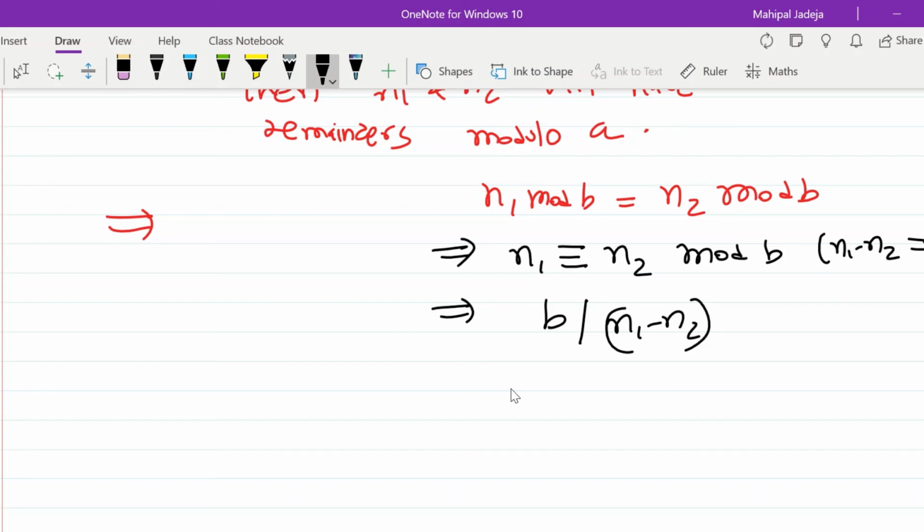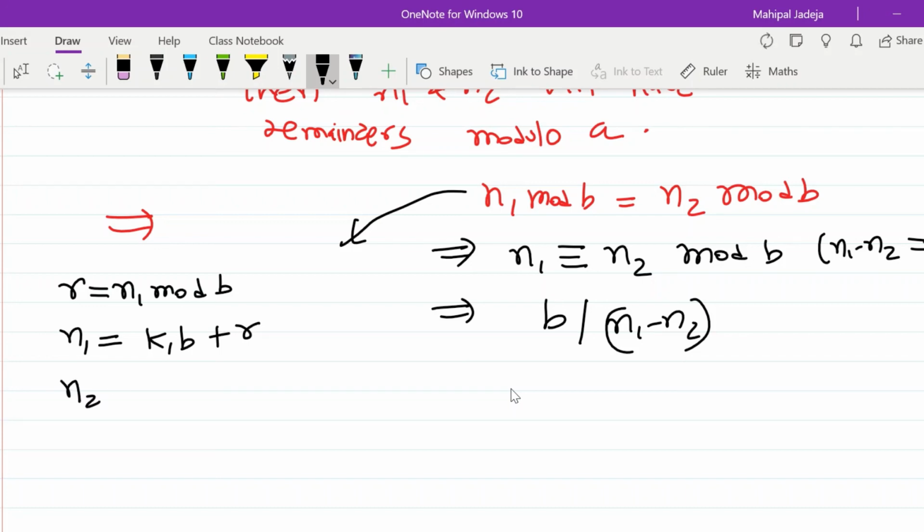So basically, if we simplify this, then let's say some remainder is r, then r is equal to n1 mod b, right? So from this we can say n1 is nothing but some k times, so let's say k1 times b plus r. Similarly, we can write like this: n2 is nothing but some k2 times b plus r. And now if we perform n1 minus n2, then we will get k1 minus k2 times b.